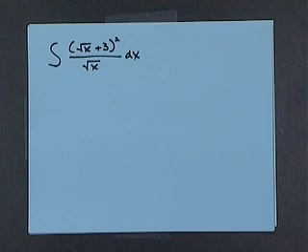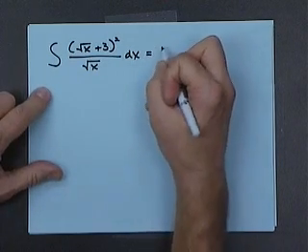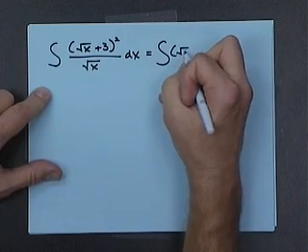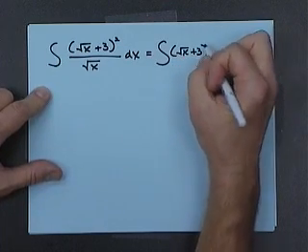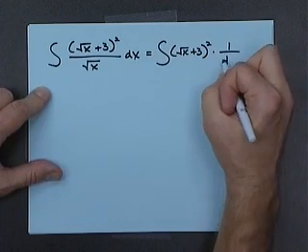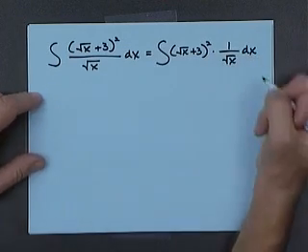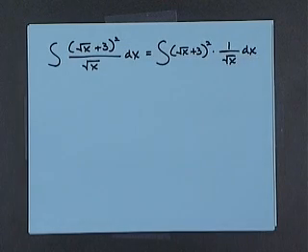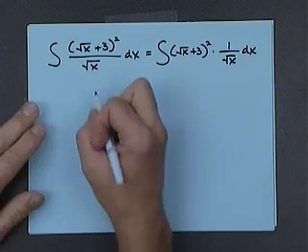You want to let u equal the square root of x plus 3? It's a little strange, isn't it? Why don't we rewrite it? Isn't that really a 1 over the square root of x? So let's try that.